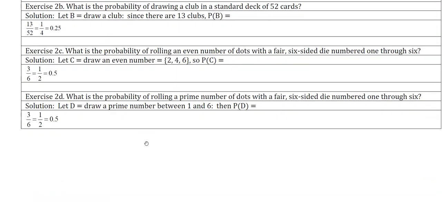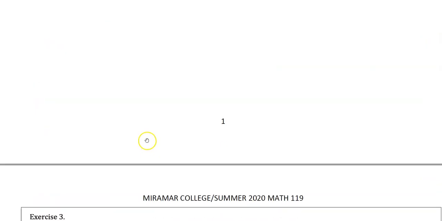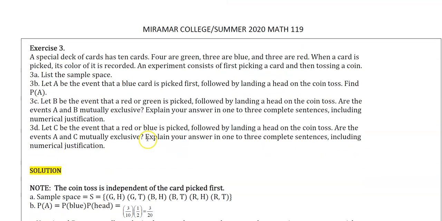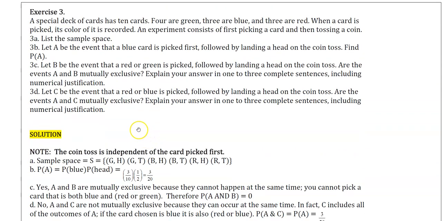Okay, let's move into 3 now. Number 3 is a little bit more complicated, where we have joint events, that is, events that happen serially. They may happen at the same time, and we need to be able to parse out the words in the problem.